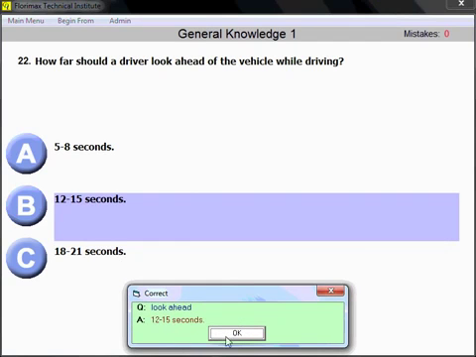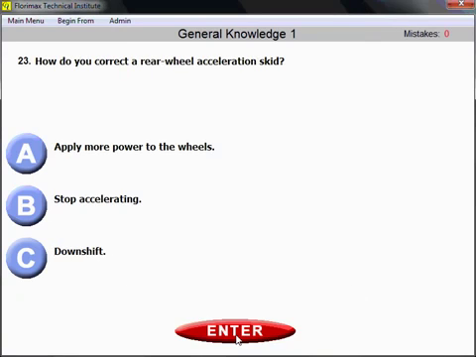Look ahead, 12 to 15 seconds. Question number 23. How do you correct a rear wheel acceleration skid? If your vehicle goes into the skid, you hit the accelerating pedal too much, and your rear wheels go into the skid.